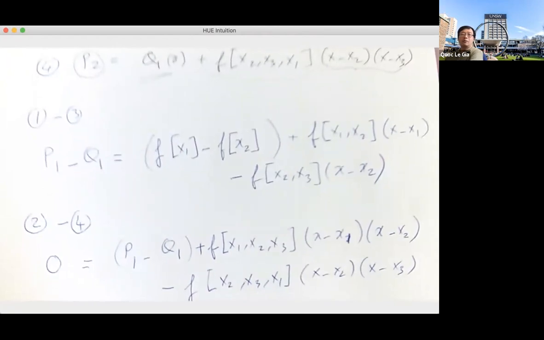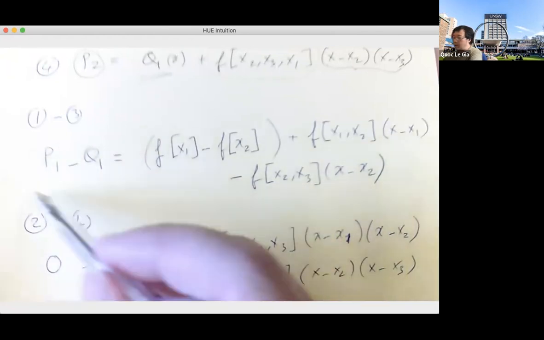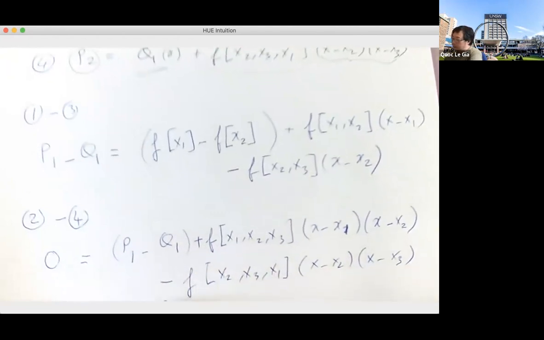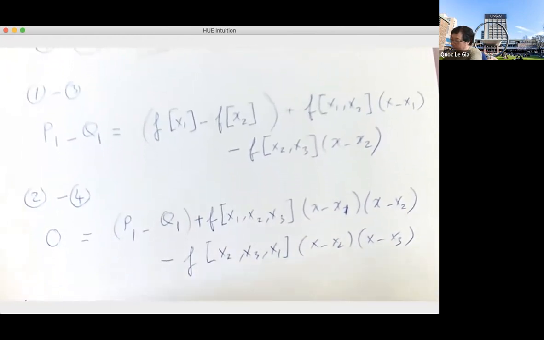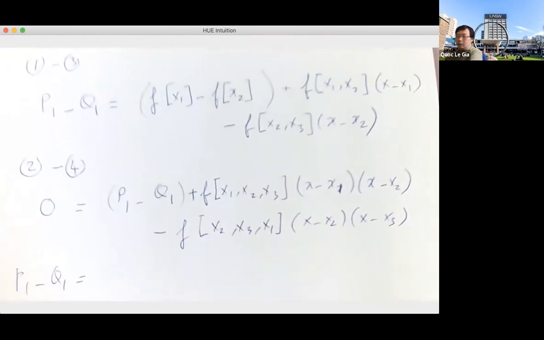And you see now, we have P1 minus Q1 on the left here, and we have P1 minus Q1 on the right. So I can move it and flip the sign. I just move this one to the left and multiply by minus 1.